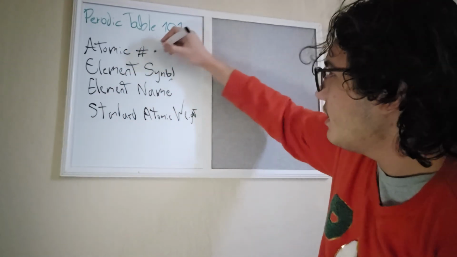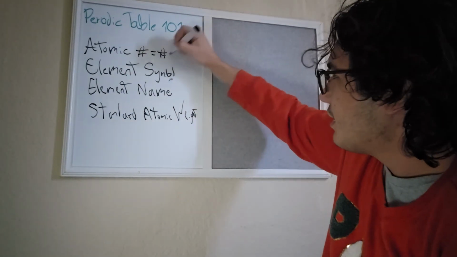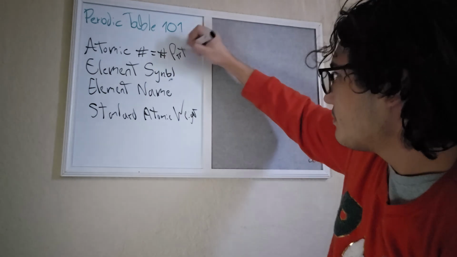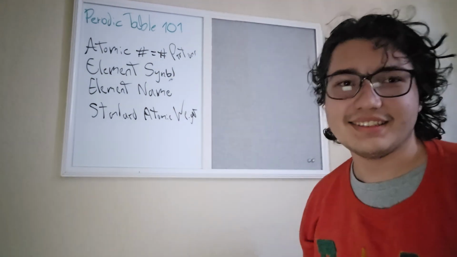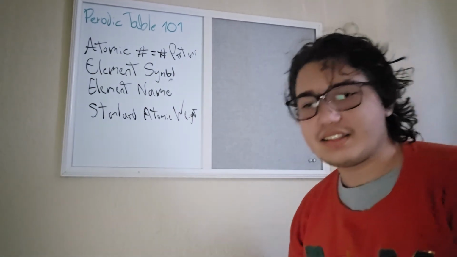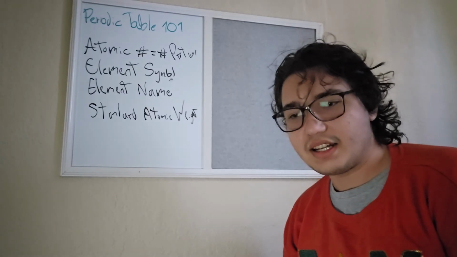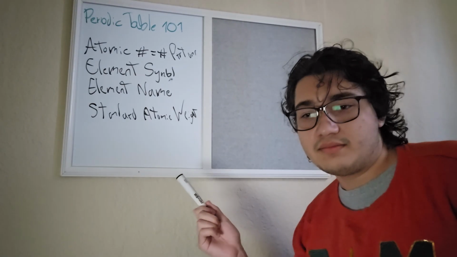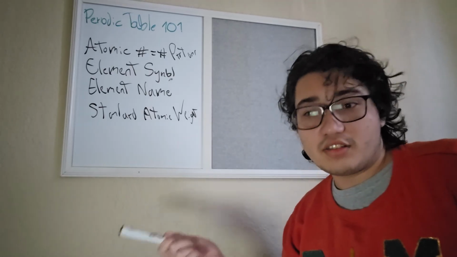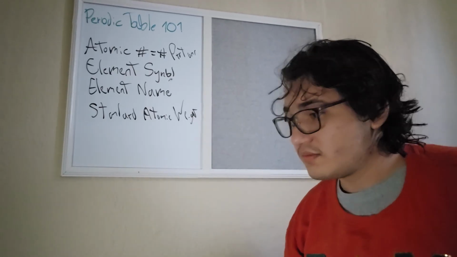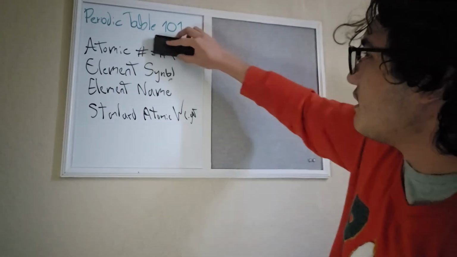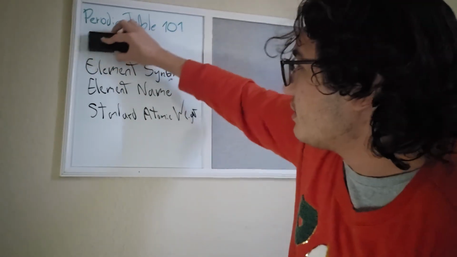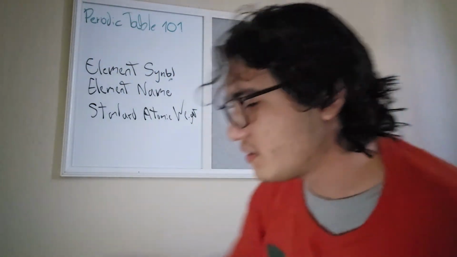Basically, it's the number of protons. It truly is as simple as that. Maybe there's a different explanation, but if you know the amount of protons, then you know the number. If you know the number, you know the amount of protons. That is the easiest way to remember it. Really.